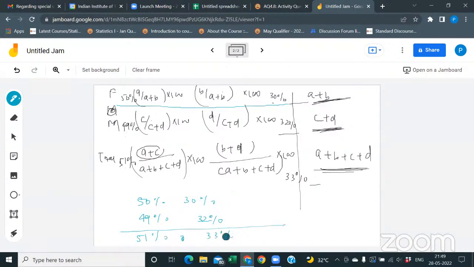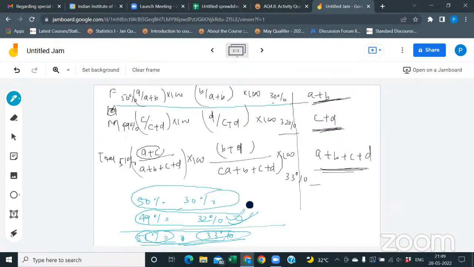So compare this row with this row. If you compare the whole rows, they are approximately the same. There is not a significant difference.